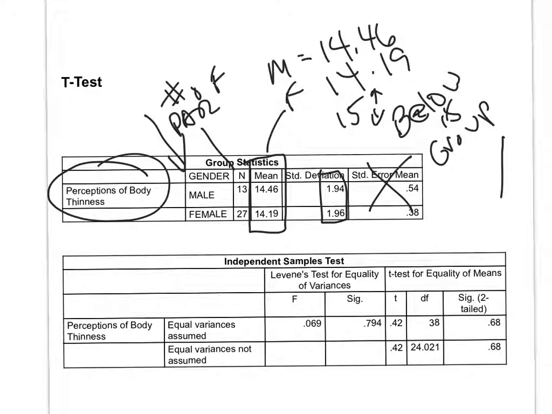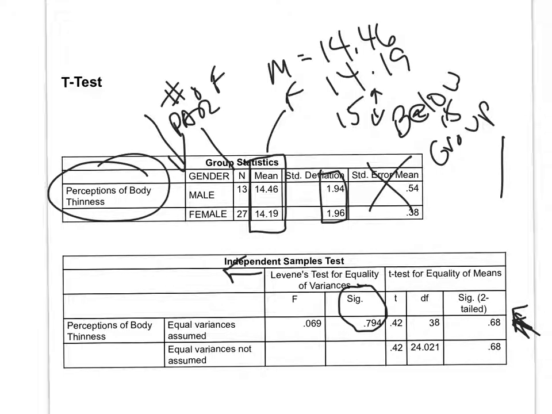On the bottom box here, as you saw in the first PowerPoint, if you watched it first, you have the Levene's test for equality of variances. Again, we are looking at this number right here, which is different than this number over here.